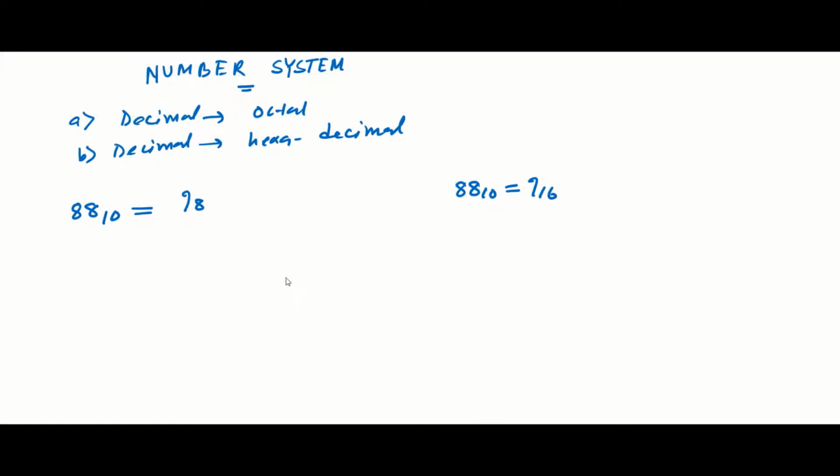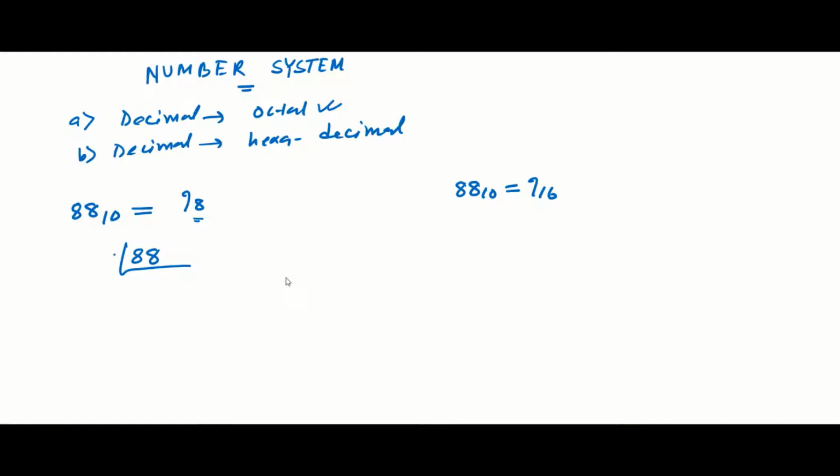Earlier, if you remember, when we performed the conversion of a decimal number to binary, we divided by 2 because the base of the binary number system is 2. So here, to convert a number into octal, we simply divide the number by 8 till the quotient part becomes 1. Let's do this here. 88 is the number.